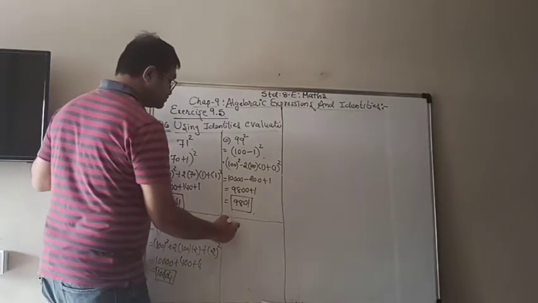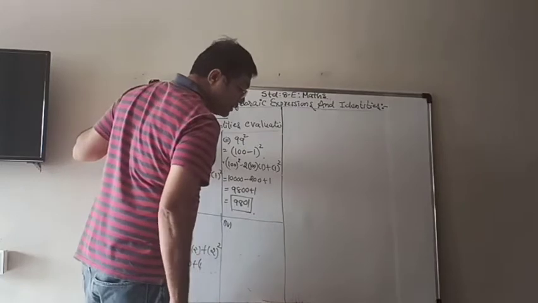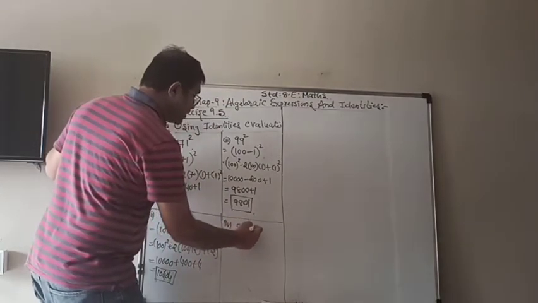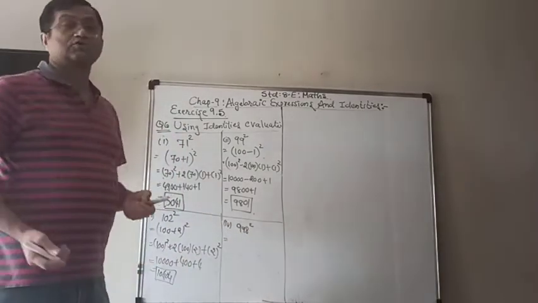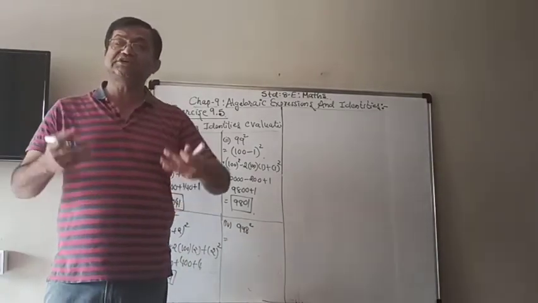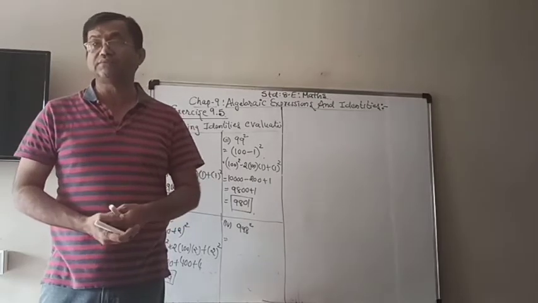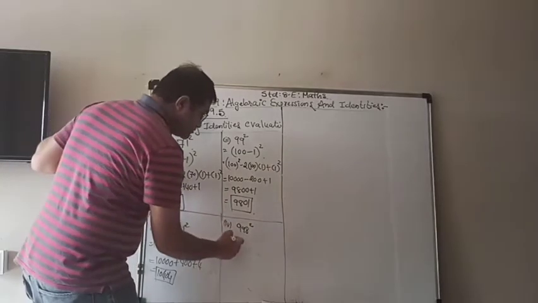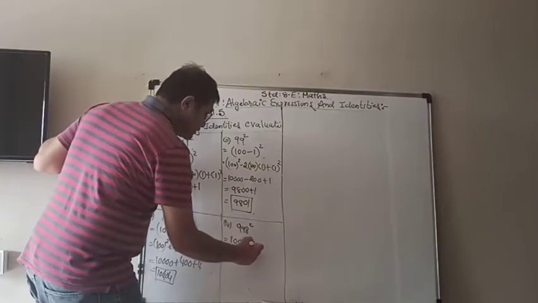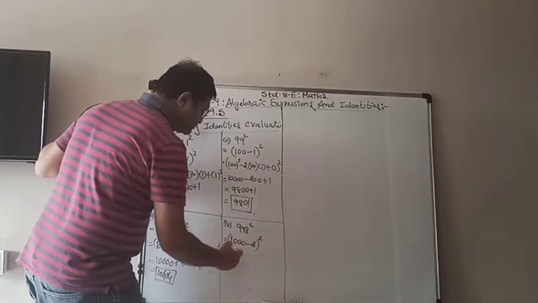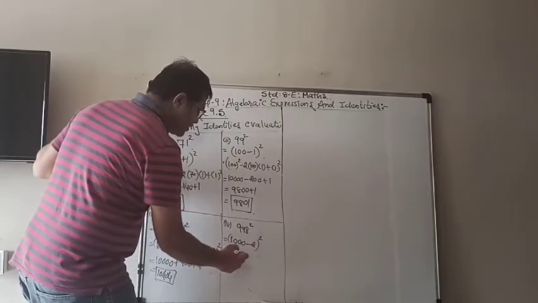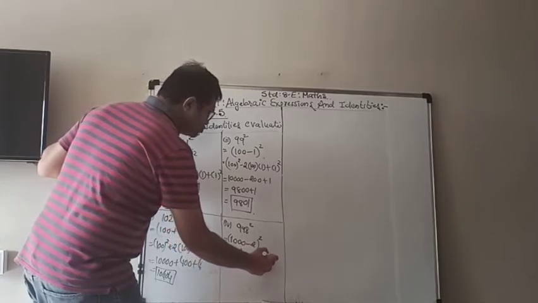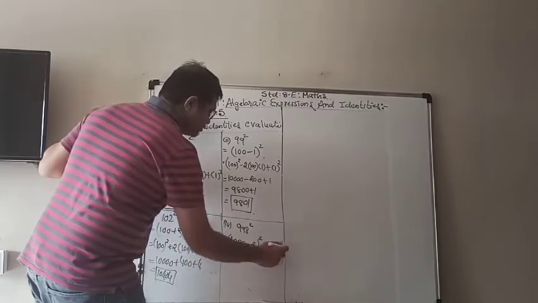Fourth one is 998 whole square. So 998, which is the nearest one? That is 1000. 1000 minus 2 is 998. So 1000 minus 2 whole square. So here 1000 square, minus 2 into 1000 into 2 plus 2 square.